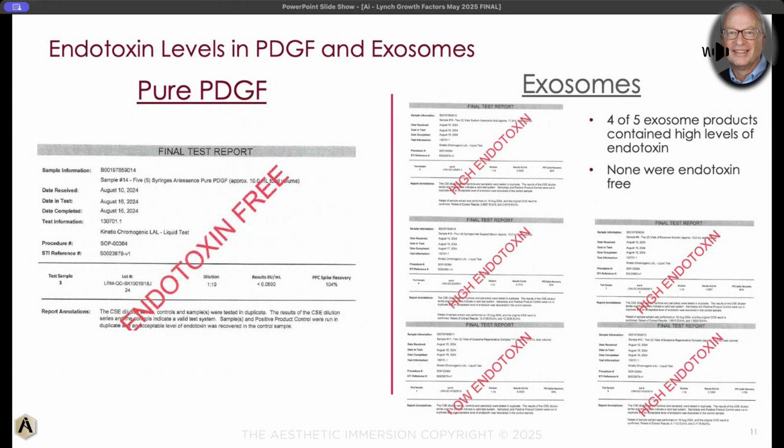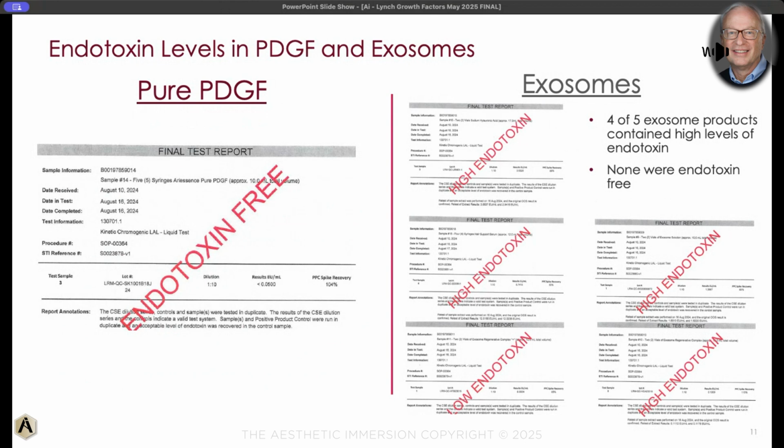And then the other products, there's two others called GEM21 and Augment Bone Graft. Those are indicated for surgical implantation inside the tissue. So you're not putting it through a needle, but you've got an open surgical wound and you're putting the PDGF directly inside the tissue. It's maybe even a more direct application of PDGF inside the tissue.